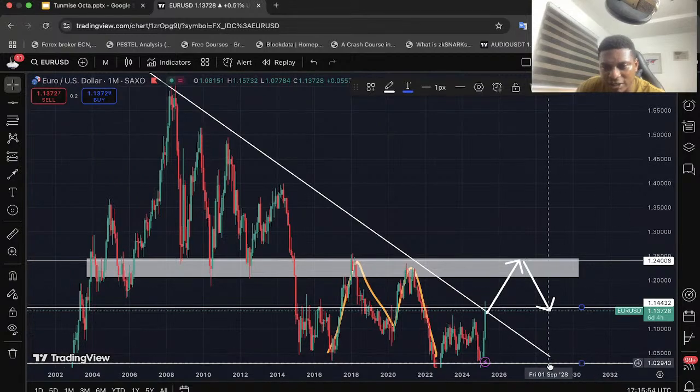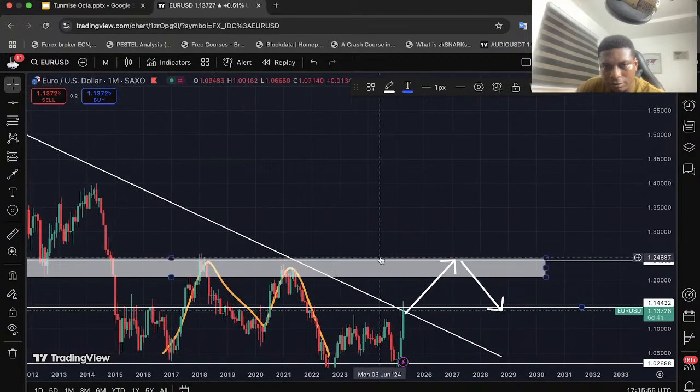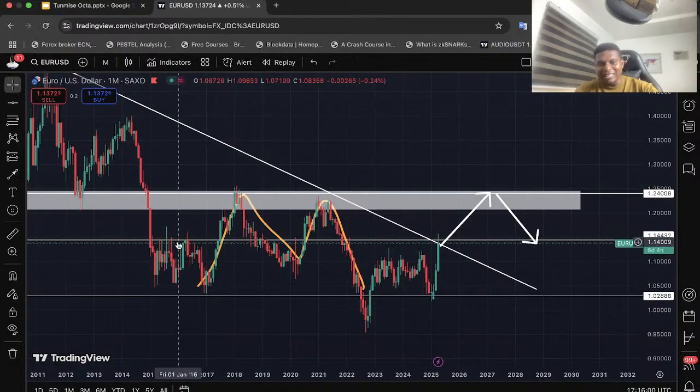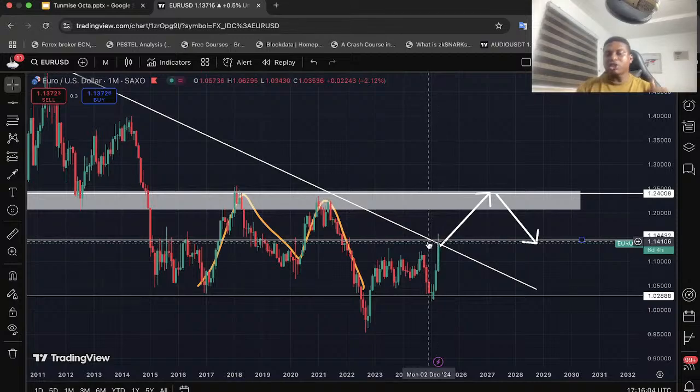When we look closely, there is a minor resistance at this level on the monthly time frame, which when we go down into the lower time frame, we would see is a significant resistance level in the lower time frame.